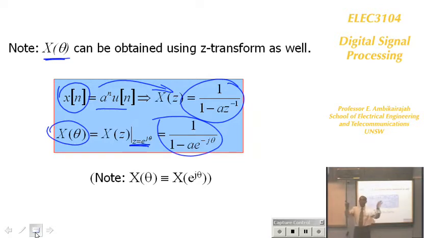So if you've got a sequence, you find the z transform of it, and then substitute. That's one way. The second one, directly apply the formula. Sometimes you can't apply the formula directly because it's very hard to manipulate, so this becomes easy. Now remember that we always refer to X theta, which means X of e to the j theta, because we are substituting z equal to e to the j theta.